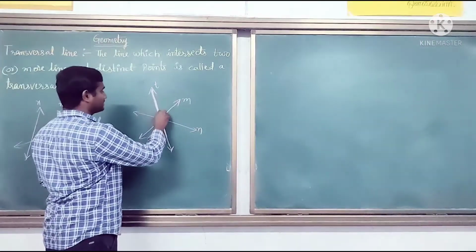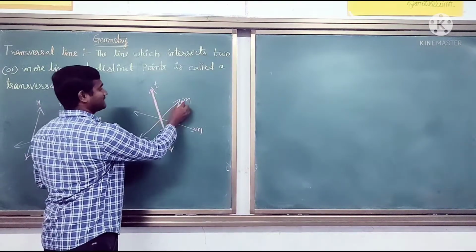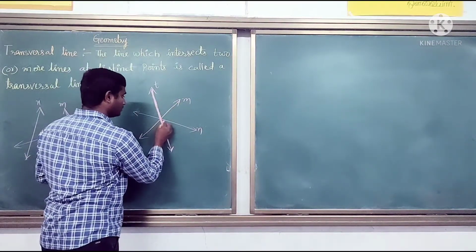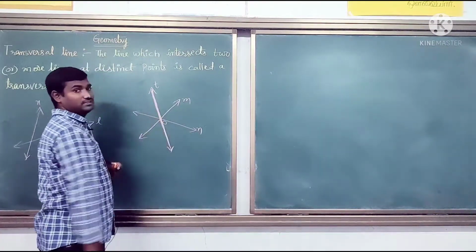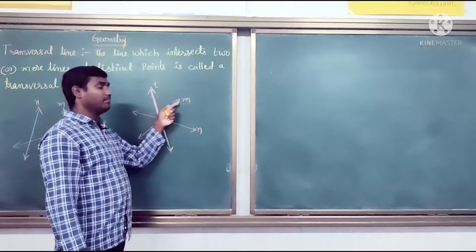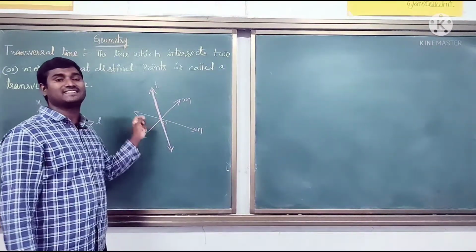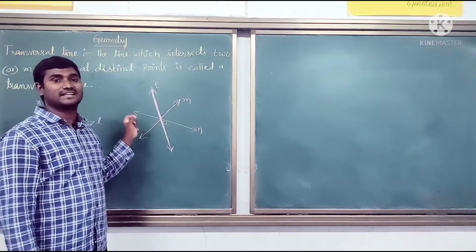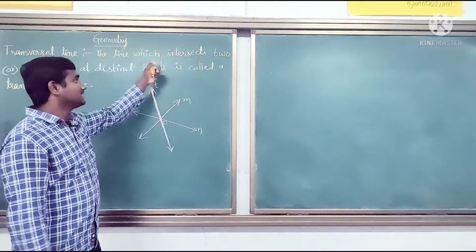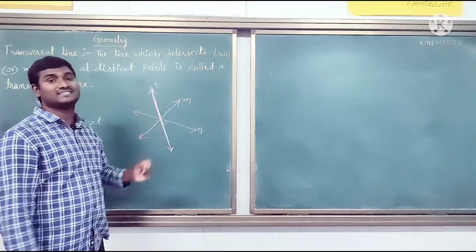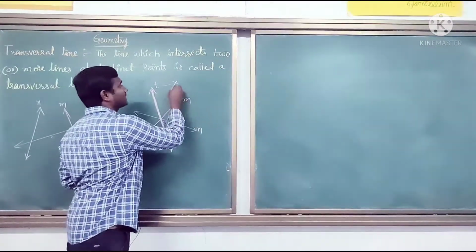Line t intersects m at O, and intersects n at O only. So for m and n, the line is meeting at the same point. According to the given definition, t is not a transversal line.